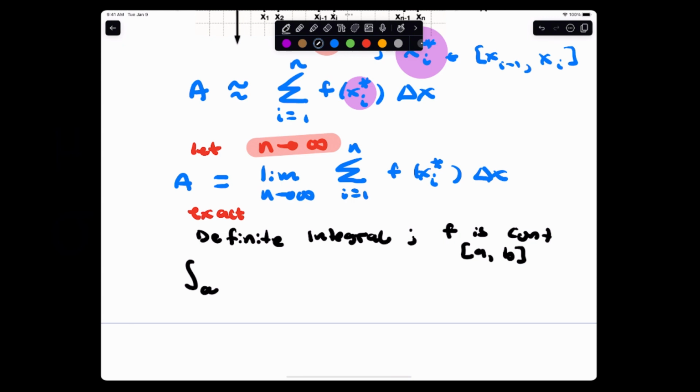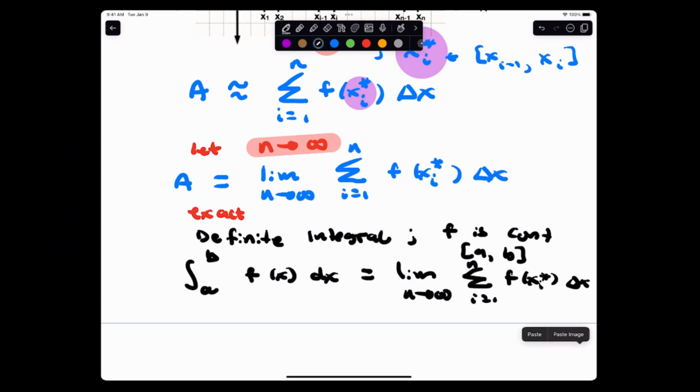But they now introduce this notation for you guys here, okay? This is your definite integral notation. And it's defined to be the limit as n goes to infinity of the sum i equals 1 to n of f of xi asterisk delta x. So I'm going to give you that information here, definite integral.